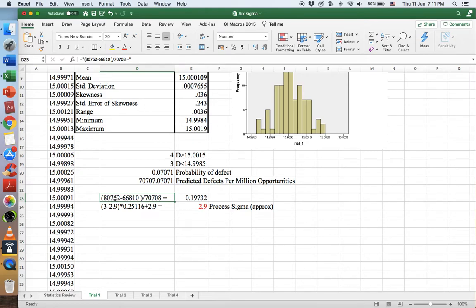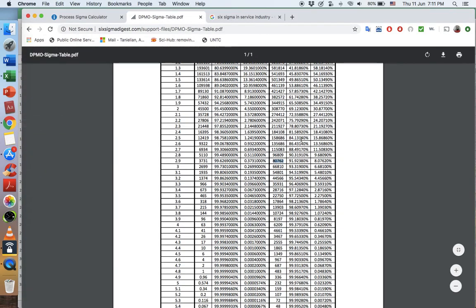Subtract, we can make the difference here, divide that by the number of predicted defects, and along our normal curve, we're looking for about 0.19, about 20% of the way between the two values on the table, right? So we're about 20% of the way between 2.9 and 3.0, right?